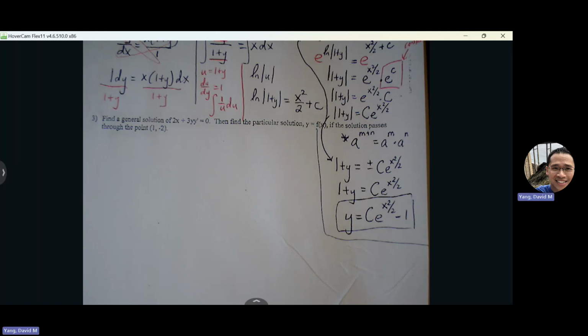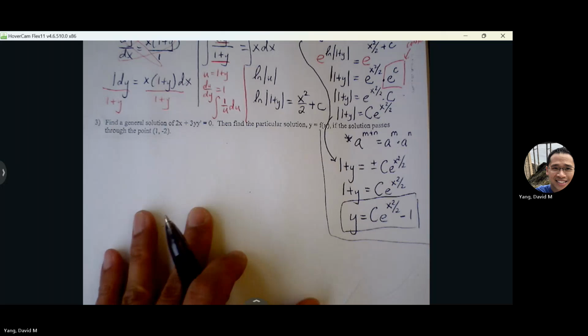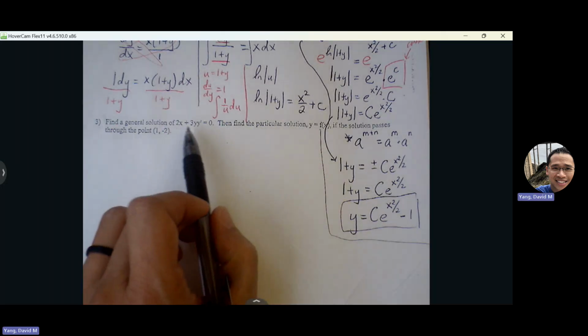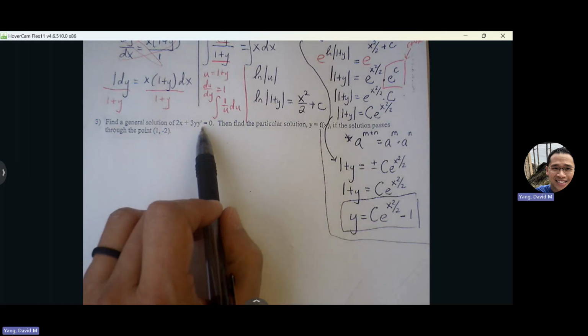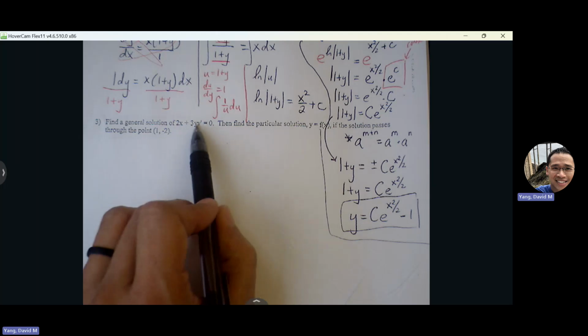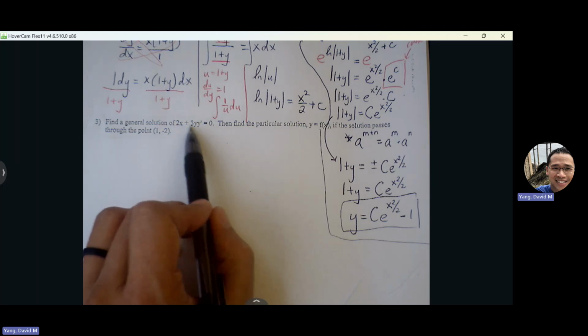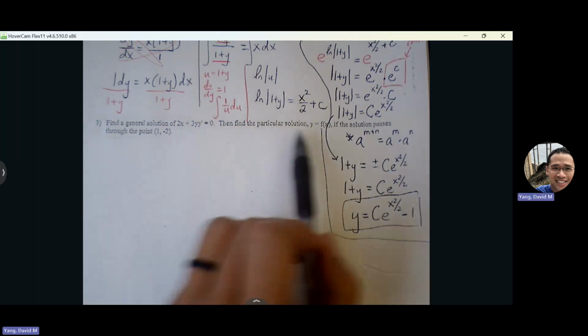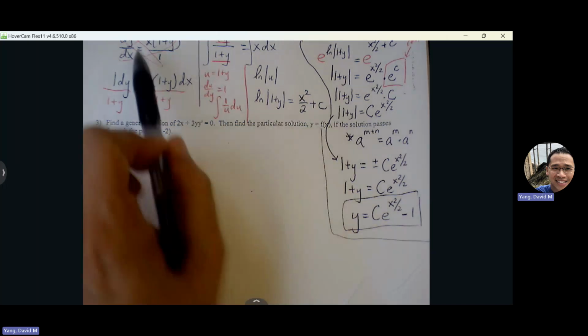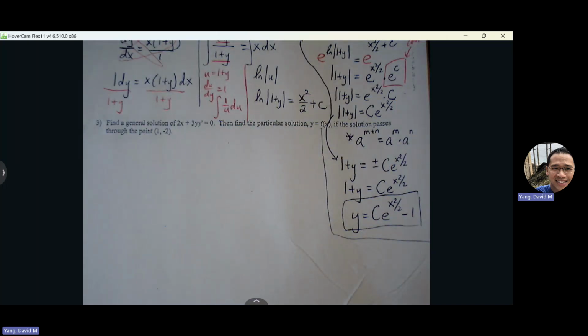All right, let's do one more, and then we can shift over to review. Next up, find the general solution for this differential equation. We know it's a differential equation anytime there's a derivative involved. And then we'll find a particular solution, just like the steps that we did. We're going to cross multiply, separate the variables, and take the antiderivative.